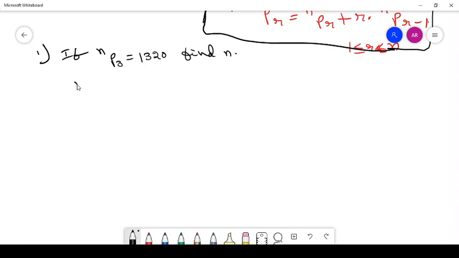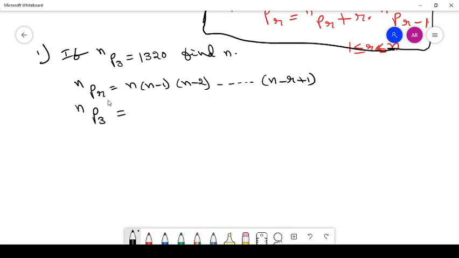We know that the result of nPr is n into n minus 1 into n minus 2 up to n minus r plus 1. Here in nP3, r is replaced by 3, so this value becomes n minus 3 plus 1, which is n minus 2.